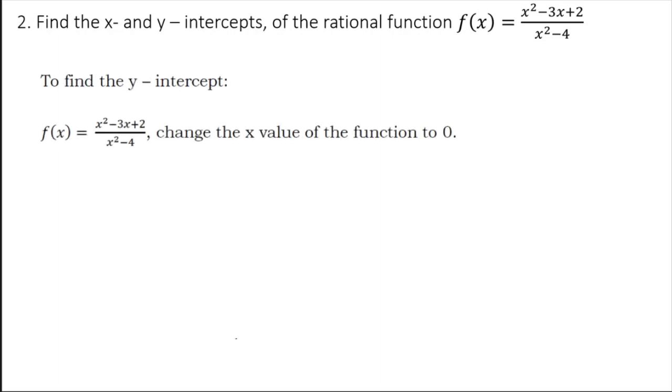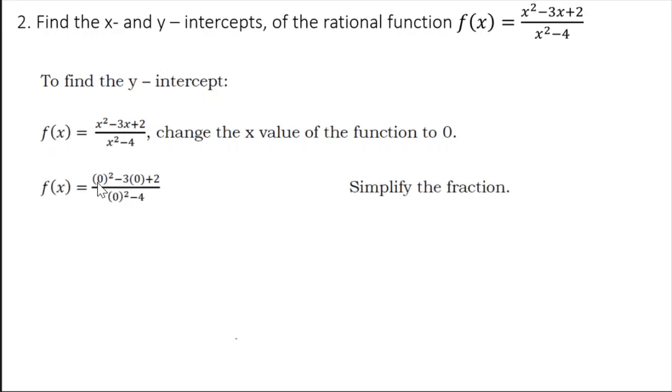Next, to find also the y-intercept of this function, change the x value of the function to 0. So meaning you have to substitute all the x values of this function to 0.